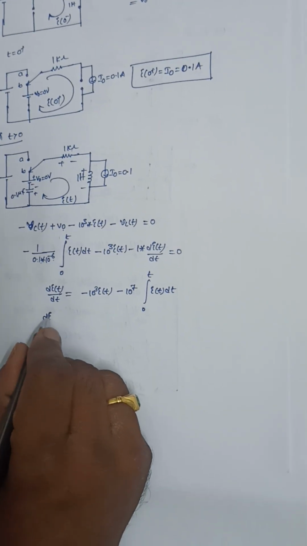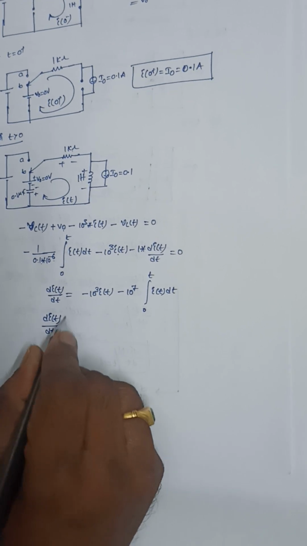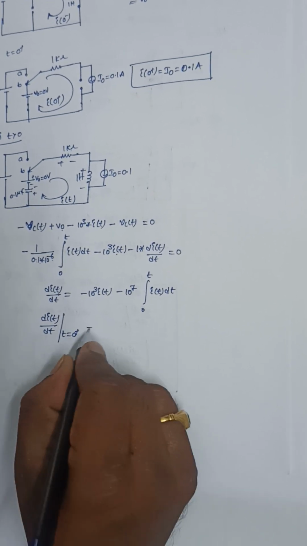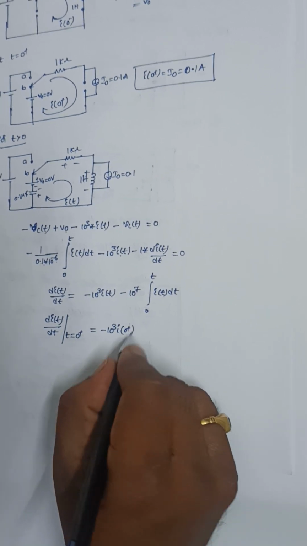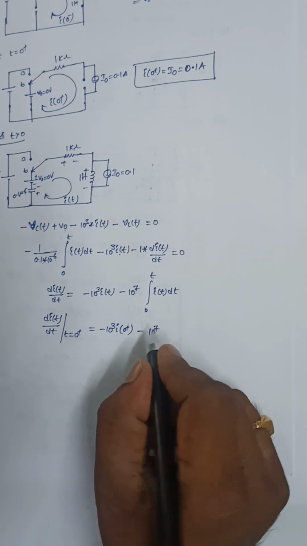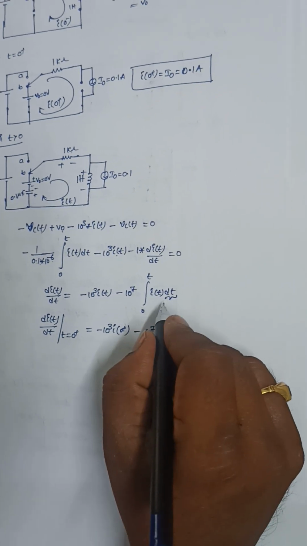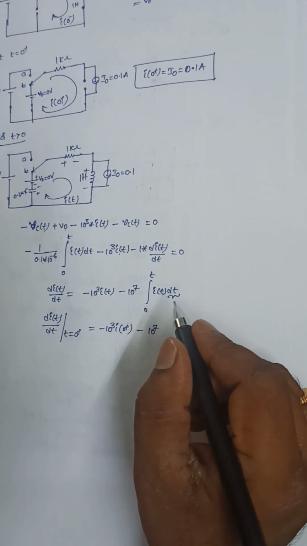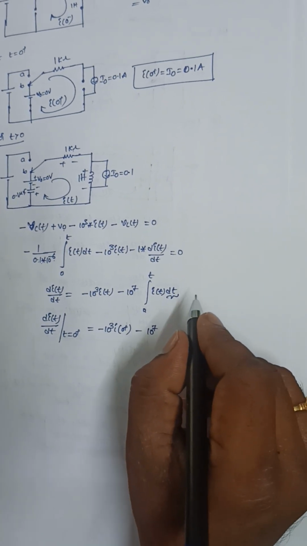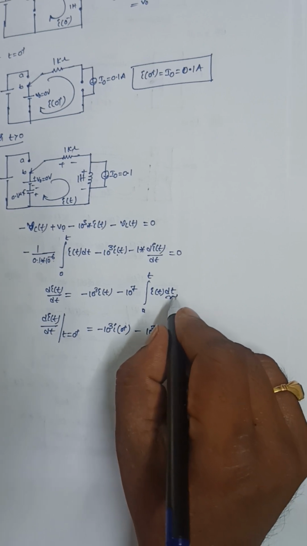So di of t by dt at t is equal to 0 plus is equal to minus 10 power 3 into I of 0 plus, minus 10 power 7 into the integral. The dt value is 0, because from 0 to 0 plus, dt is very small, it is 0 only.